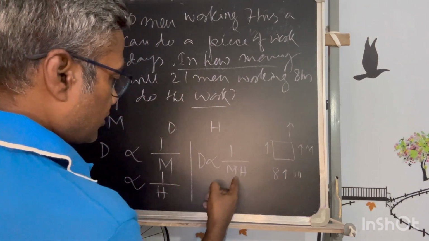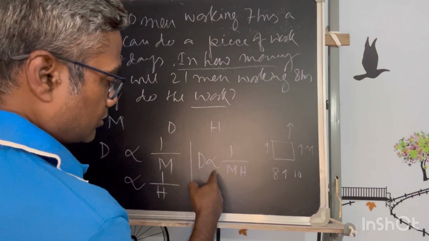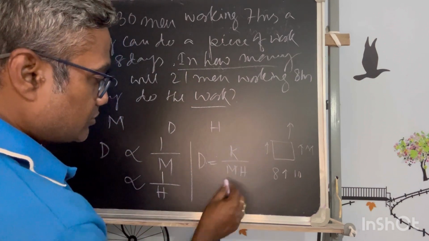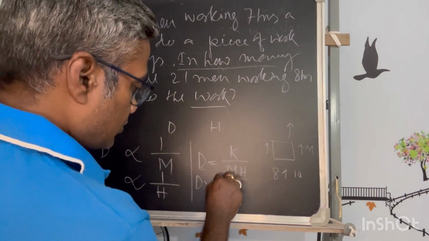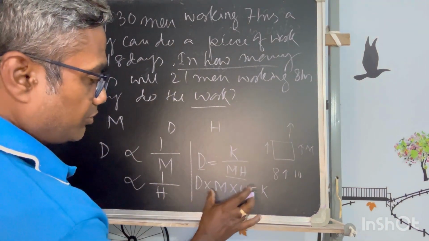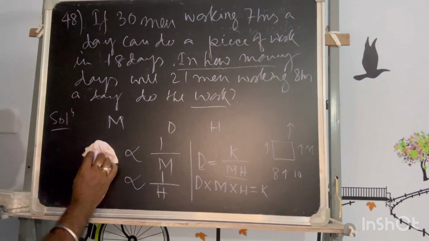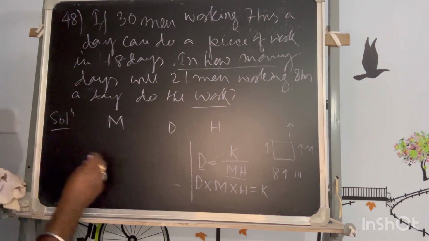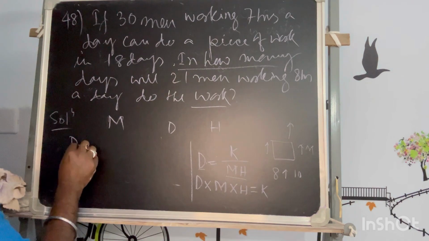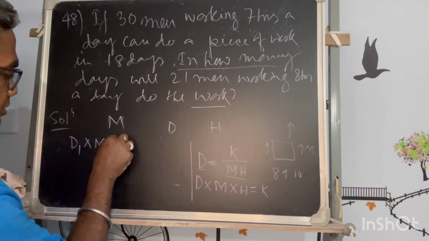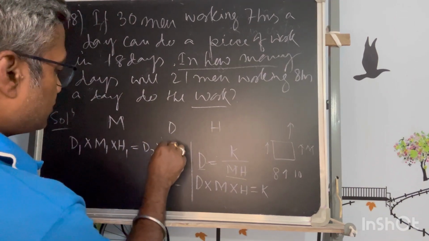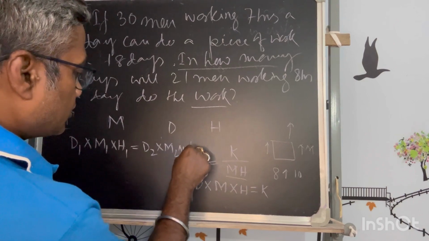So taking a constant, whatever the set of values for any case will give you the same value. So the constant depends on the multiplication product of these three quantities. If I take two sets of values, the first set represented with 1, the second set with 2, their product will be the same.